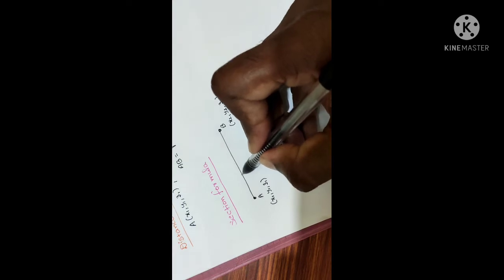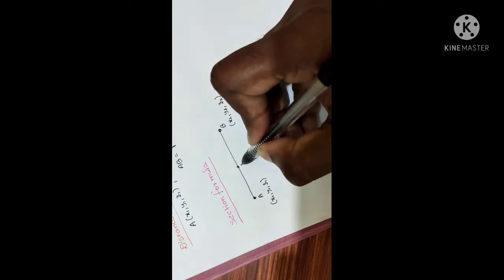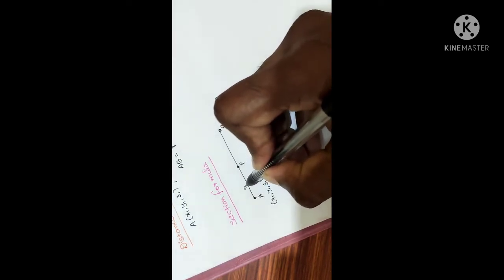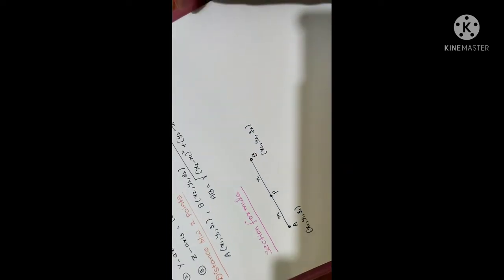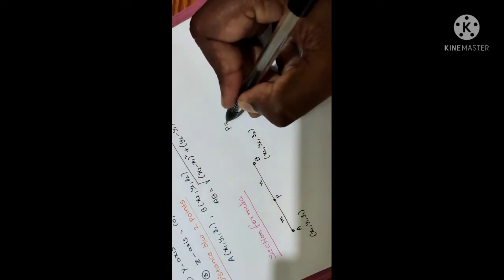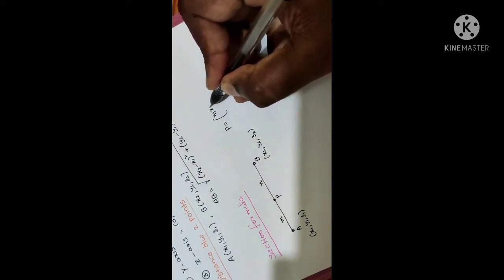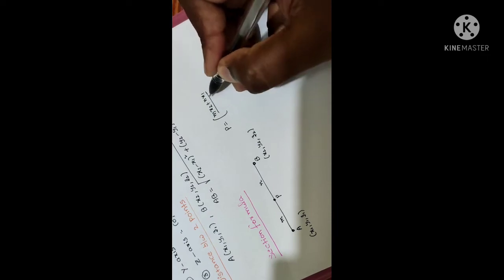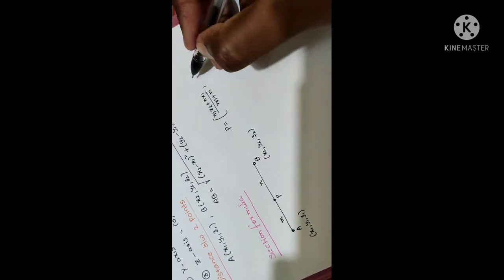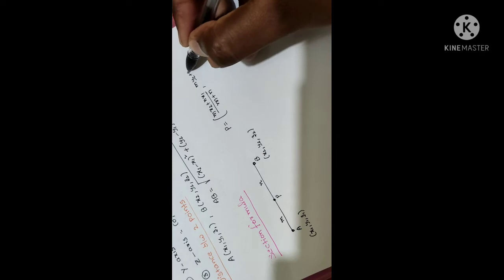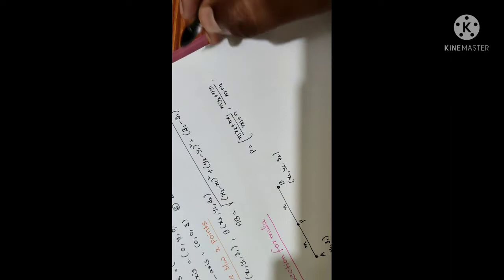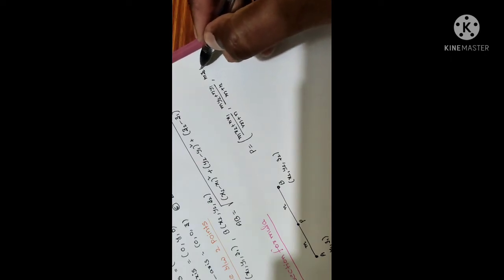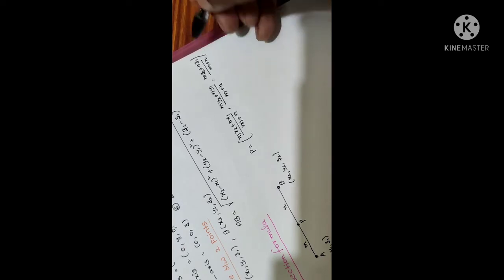On the line segment AB, P is a point that divides AB in the ratio m:n internally. Then the coordinates of P are (mx2 plus nx1) by (m plus n), comma, (my2 plus ny1) by (m plus n), comma, (mz2 plus nz1) by (m plus n). This is the point P.